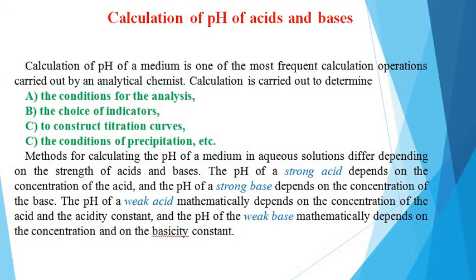The pH of a weak acid mathematically depends on the concentration of the acid and the acidity constant, and the pH of a weak base mathematically depends on the concentration and on the basicity constant of the base.